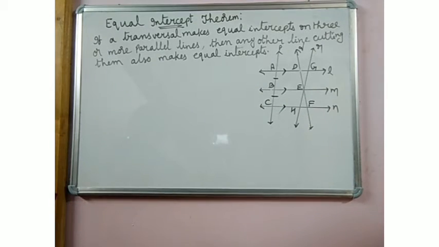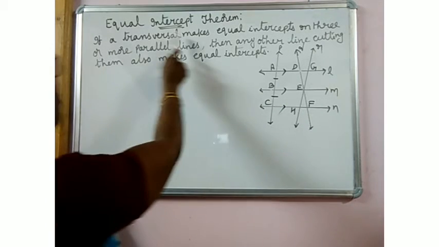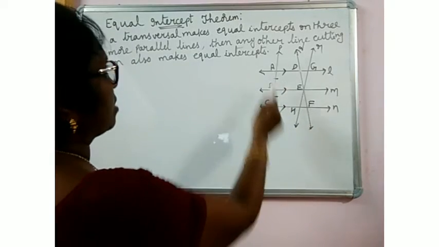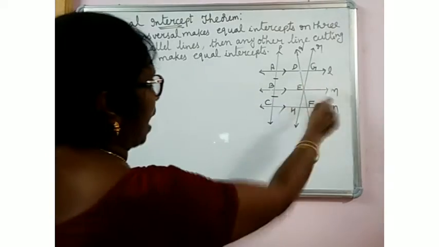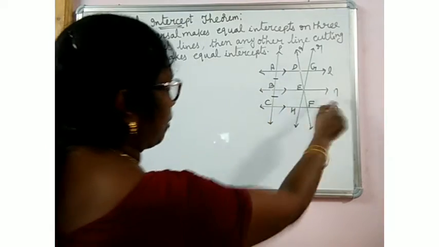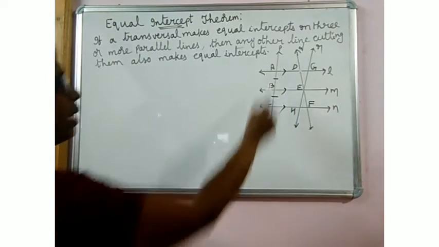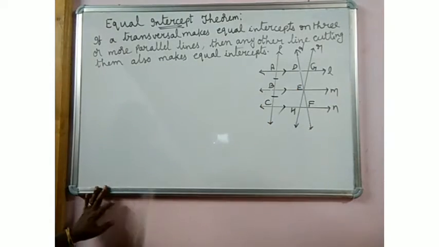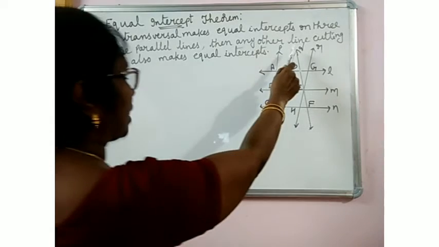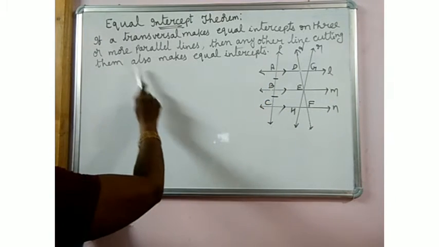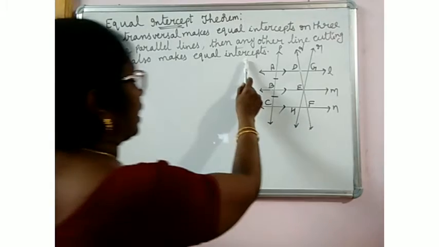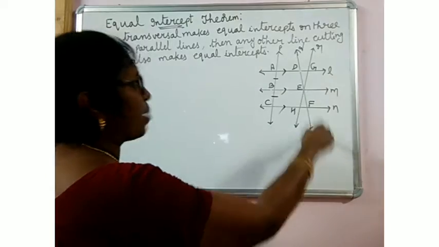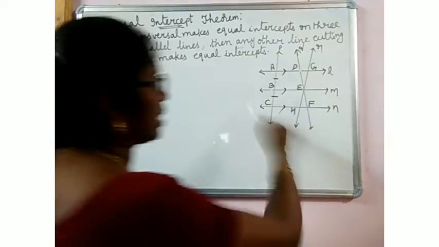L is parallel to M, M is parallel to N. If transversal P makes equal intercepts on these three parallel lines, that means AB equals BC, then any other line cutting them also makes equal intercepts. I have drawn Q, another line. Q also makes equal intercepts on these three lines.